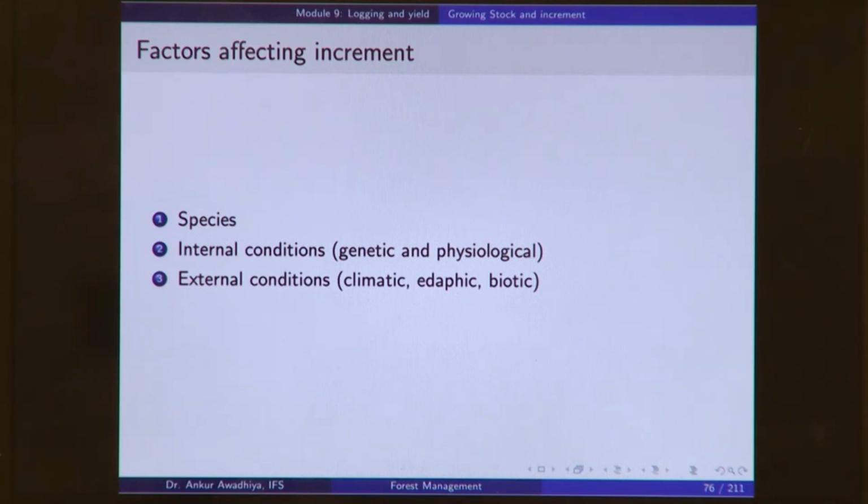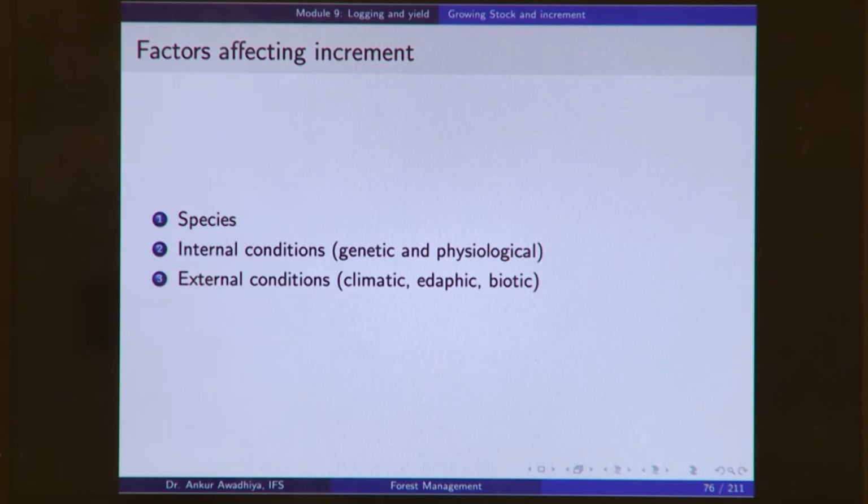Increment also depends on the external conditions, climatic, edaphic and biotic conditions. So, why climatic? Suppose it is a drought year, the plants are not getting sufficient water, they are suffering from stress, so the rate of growth will be lesser. Edaphic factors, if you have a site which does not have sufficient nutrients, the rate of growth will be less.